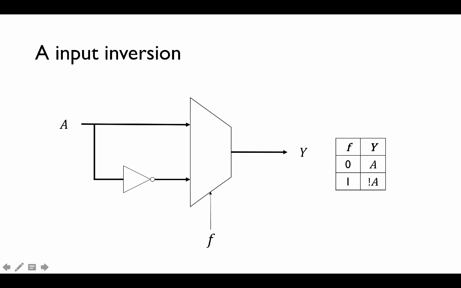The input comes in, goes through a 4-bit NOT gate into the multiplexer, and then F selects whether to invert A or not. When F is 0, A just goes to Y, and when F is 1, A goes through the NOT gate and then onto Y.